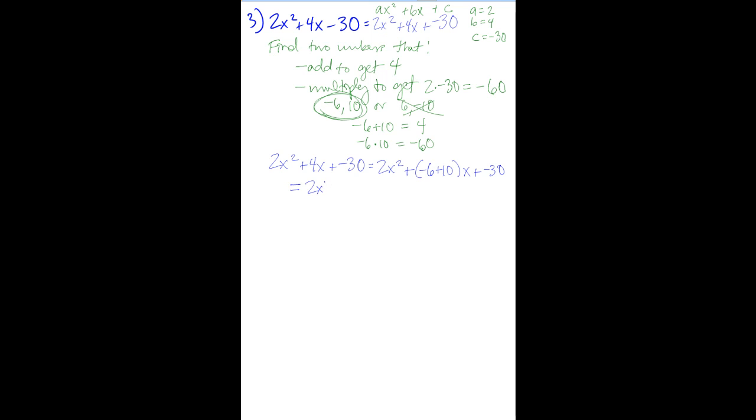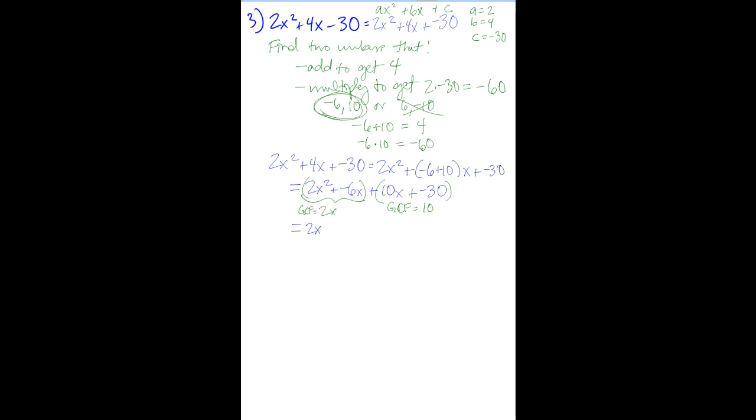I have 2x squared plus negative 6x plus 10x plus negative 30. Now I'm ready to go ahead and factor by grouping. I group the first two together and the last two together. The greatest common factor here is 2x. And the greatest common factor here is 10. So now we try rewriting it that way.